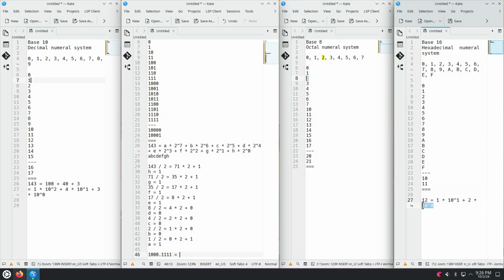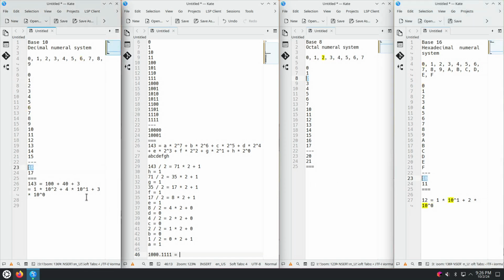The base 16 is 10 in hexadecimal, which is 16 in decimal. This is the way you go from base 16 to base 10.